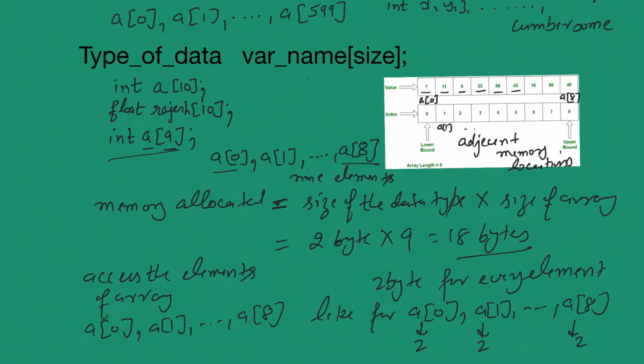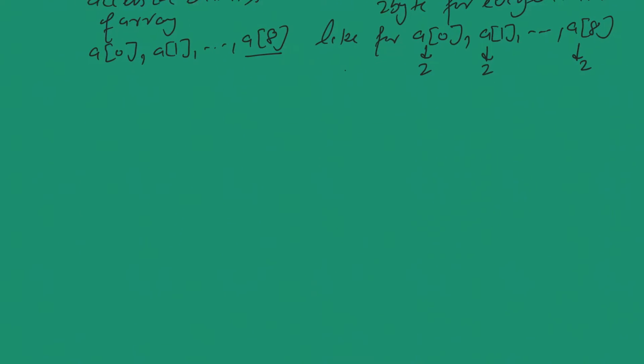Whatever element you want to access, you can access it. Next we will see that there are different types of arrays: one dimensional array, two dimensional array, and multi-dimensional array.